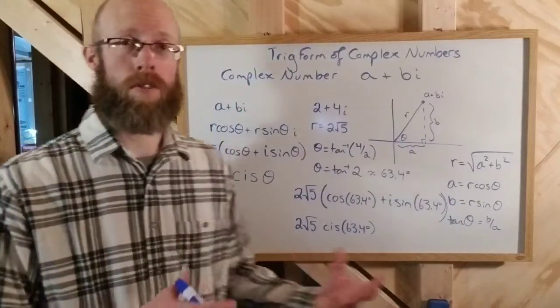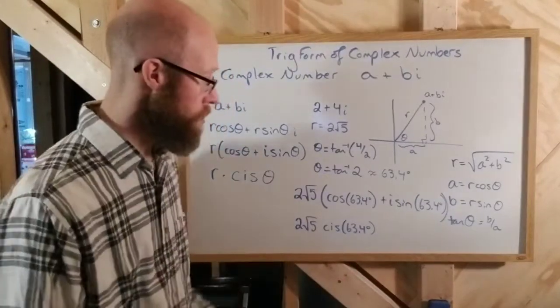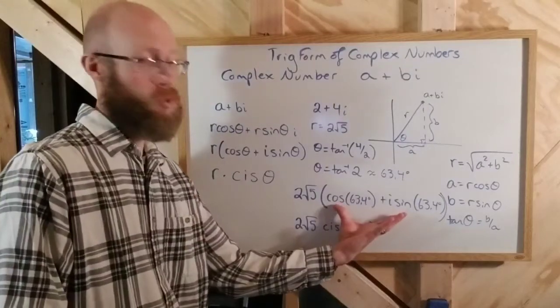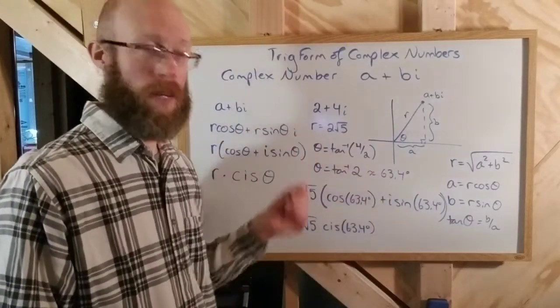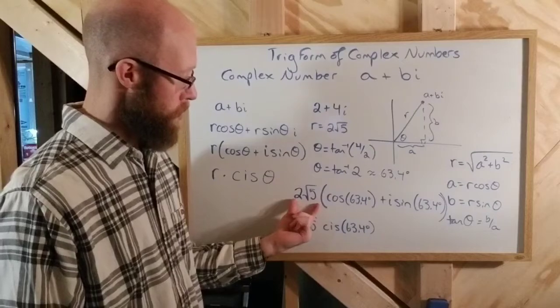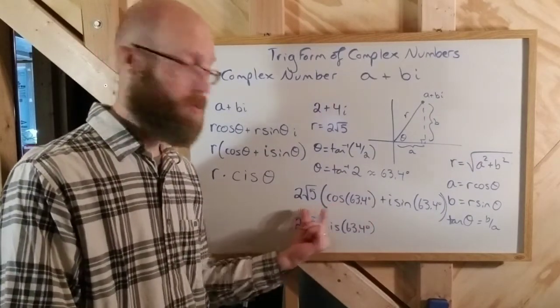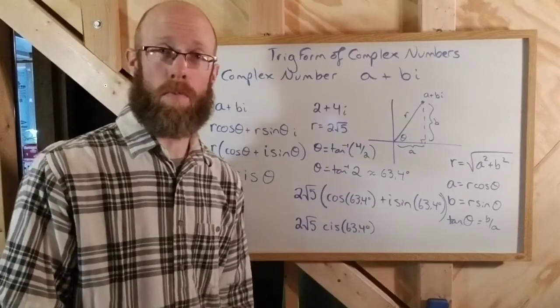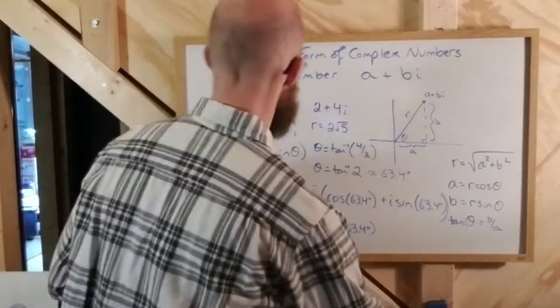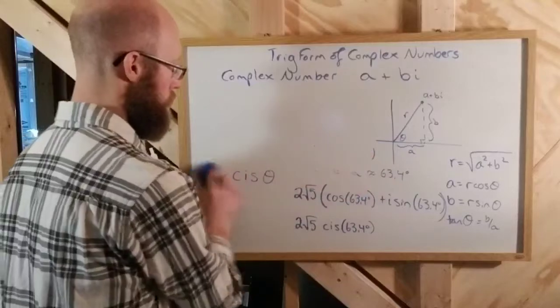Okay, and then you can always convert the other way. So you could always convert from the trig or polar form to the rectangular form simply by multiplying 2 root 5 times this cosine, that gives you the A value, and 2 root 5 times the sine, that gives you the B value. Okay, we could even do an example. I'll pull a different one.